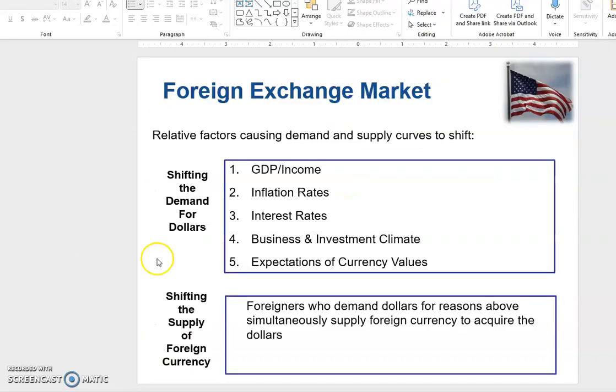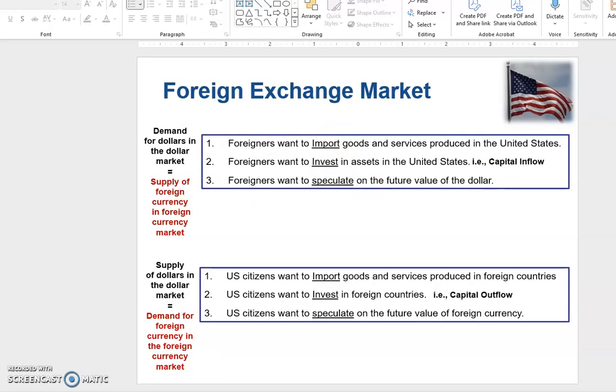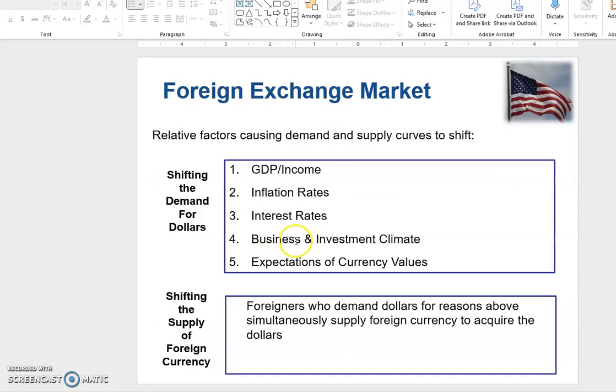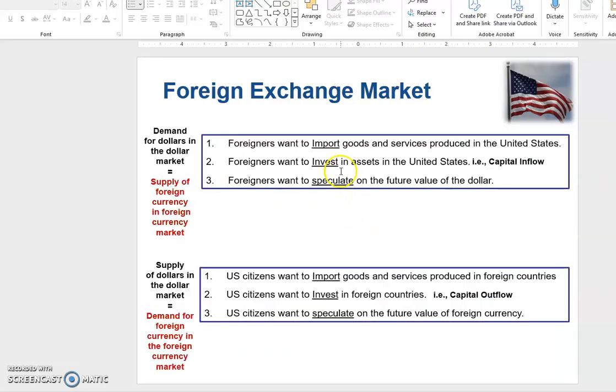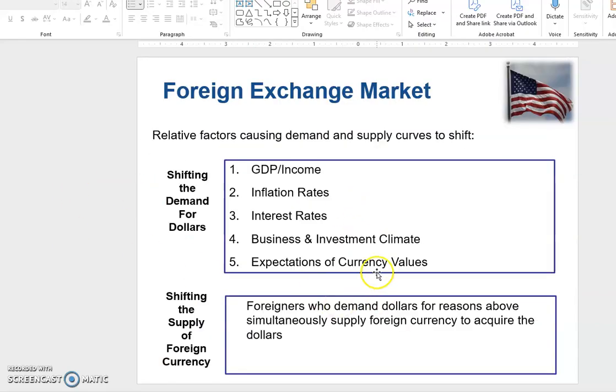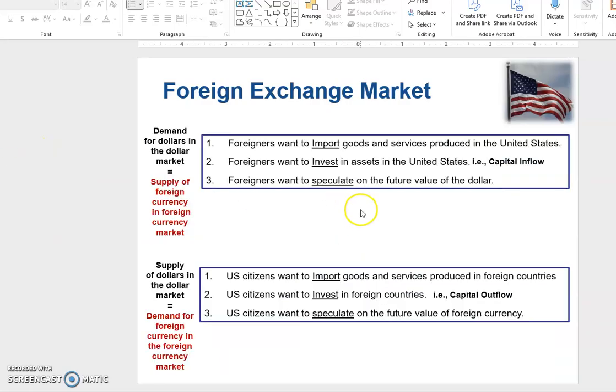And then we said these are the factors that influence. So the first 2 influence the desire to import. The second 2, interest rates in business and investment climate, affect the desire to invest. And then finally, expectations of currency affect speculation. This all ties together.